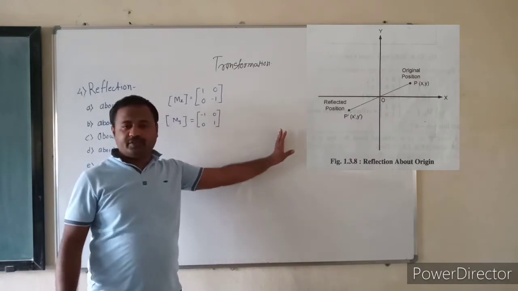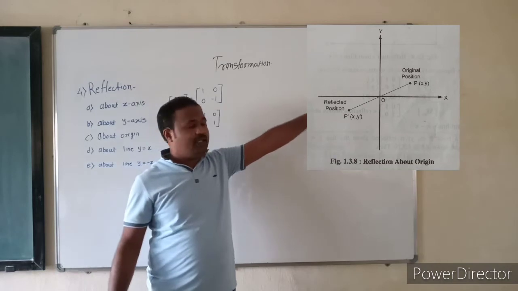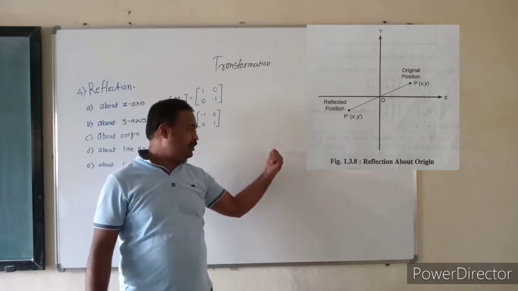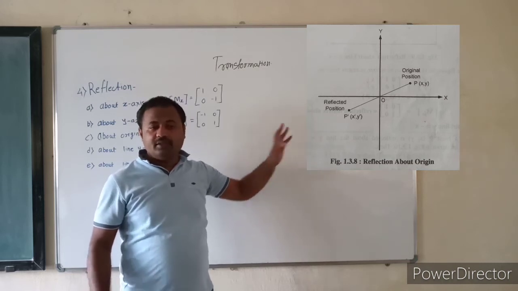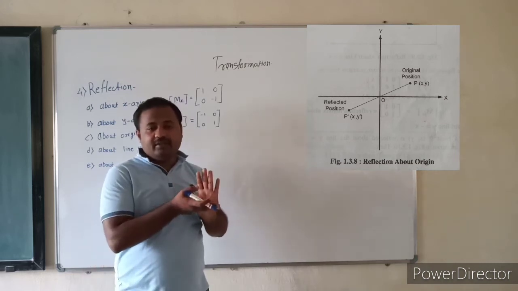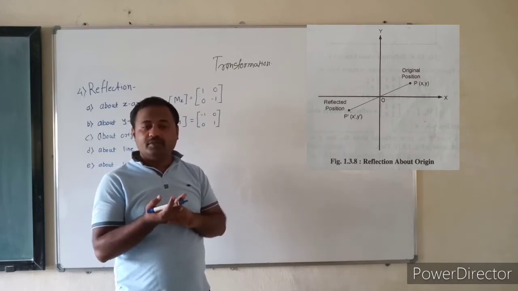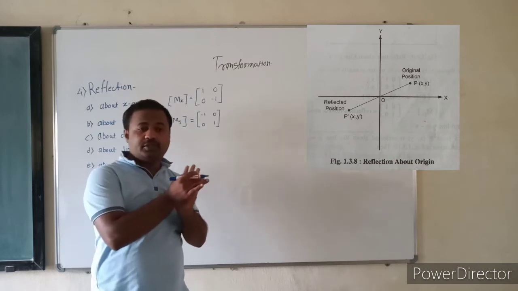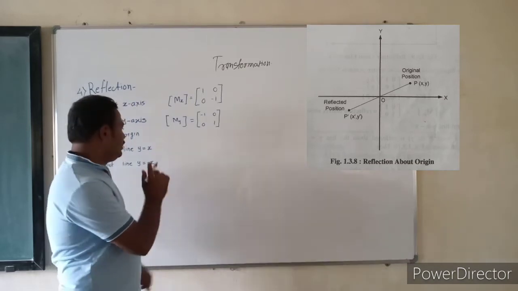Third part is reflection about the origin. In the diagram, we see that point P x, y is reflected about the origin and we get the point P dash, x1, y1. Then x and y both are negative. In case of reflection about the origin, x and y both are negative.